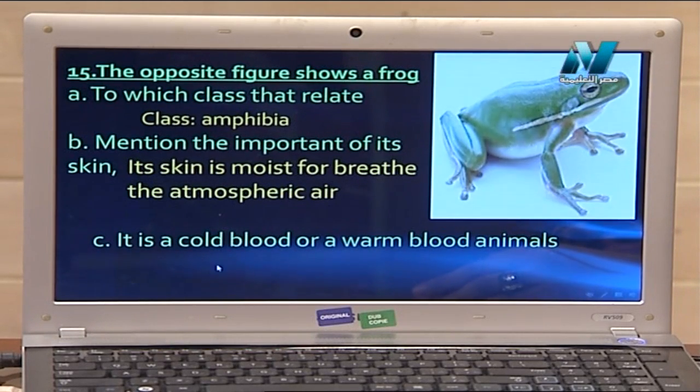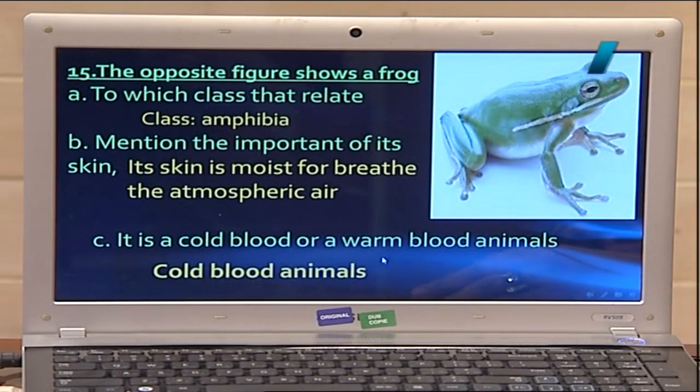Do you think the frog is a cold-blooded or warm-blooded animal? Cold-blooded; its body temperature changes according to the environment, but a warm-blooded animal has constant temperature. For that, the frog hibernates, hiding in winter to protect its body from cold temperature.